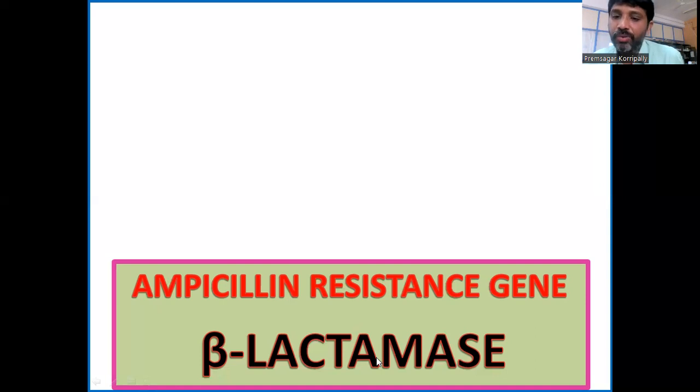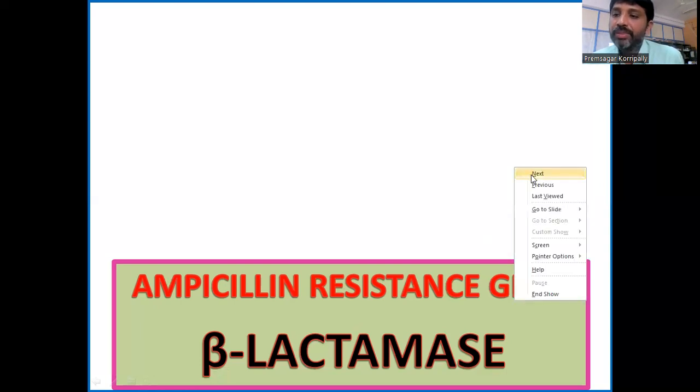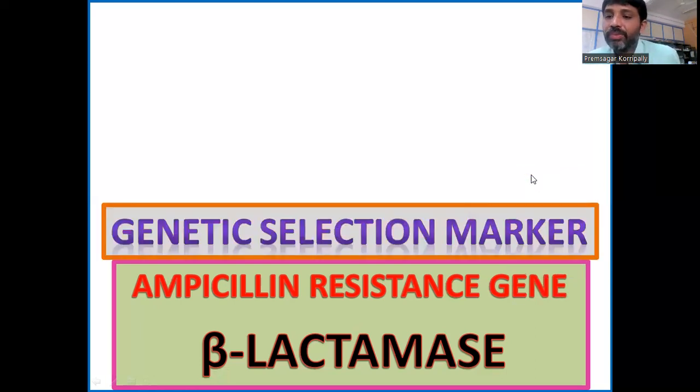The first thing I want to tell you is that beta-lactamase is used as a genetic selection marker. If you take any vector, from pBR322 to mammalian vectors, the most popular and first-choice antibiotic selection marker is beta-lactamase. A genetic selection marker helps in the selection of transformants from non-transformants.